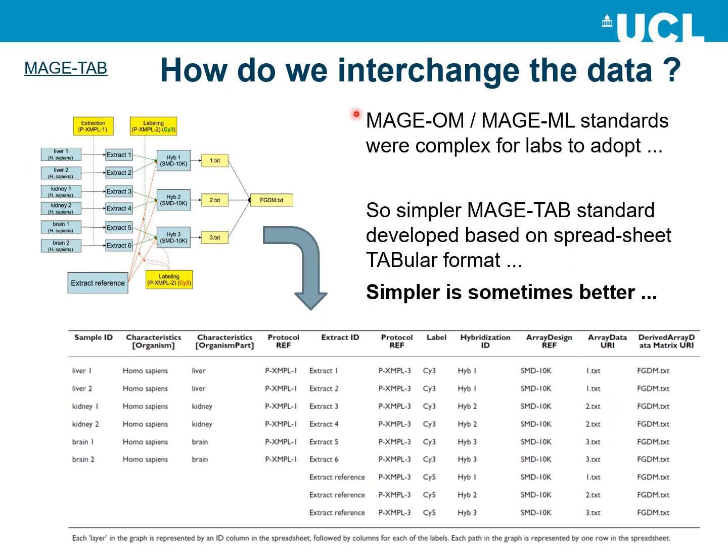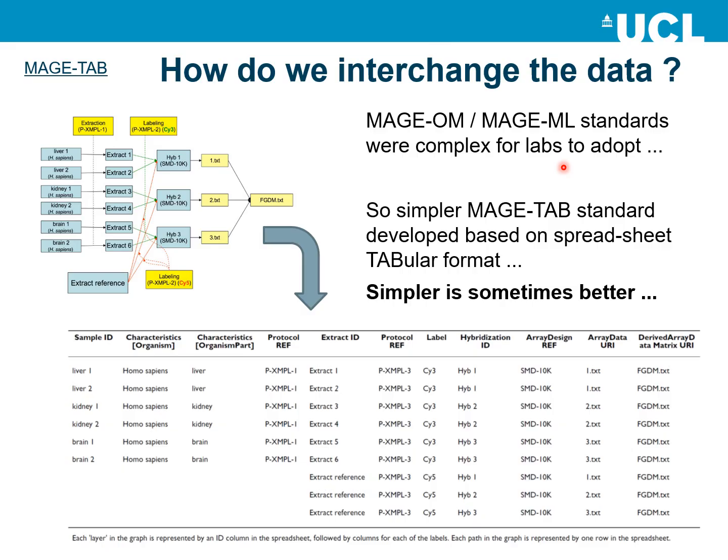Now, I think this is a sort of lesson in terms of over-engineering. It became clear that the MAGML standards, even though they were very inclusive and could potentially describe any molecular biology experiment in detail, were just too complex for labs to adopt.